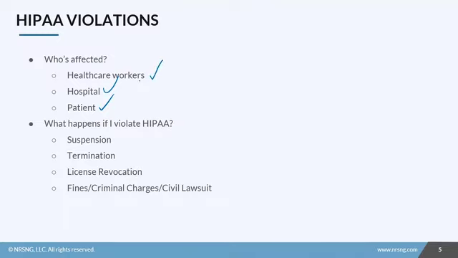HIPAA affects all healthcare workers, so it's not just nurses. Meaning that respiratory therapists, registered dietitians, your patient care techs, your CNAs, everybody that is privy to the information also has a right and responsibility to protect the private health information.